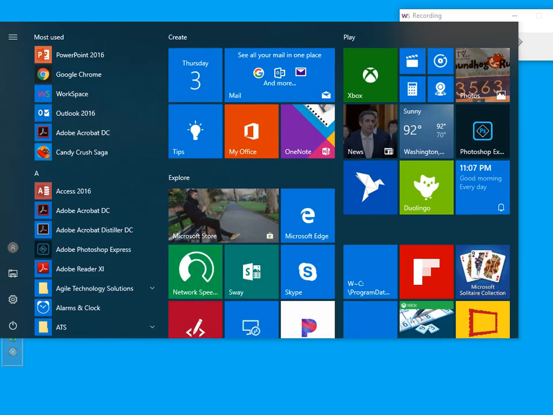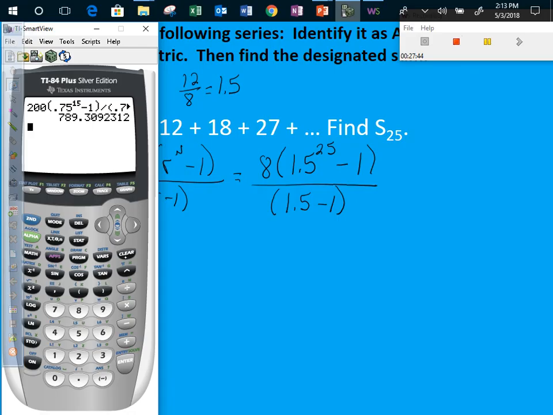Now make sure you know how to run this through your calculator. Use your parentheses correctly. 8 parenthesis 1.5 caret 25 minus 1 parenthesis divided by another parenthesis 1.5 minus 1. Remember, you can always simplify that bottom in your head if you want.